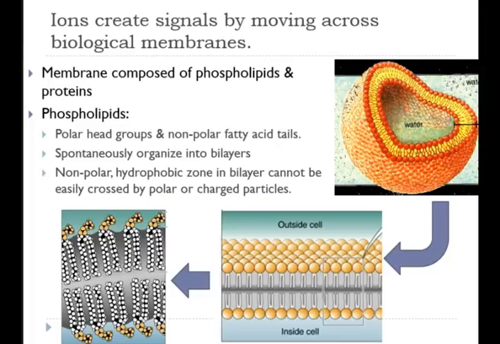And as I mentioned, if you take phospholipids and toss them in water and shake them up and look under the microscope, you will actually find spontaneously formed cell-like structures like this just because of the hydrophobic and hydrophilic nature of those molecules. They're really cool molecules in and of themselves. But because you get this hydrophobic layer, that means that charged things that are strongly attracted to water really can't penetrate through the cell membrane.